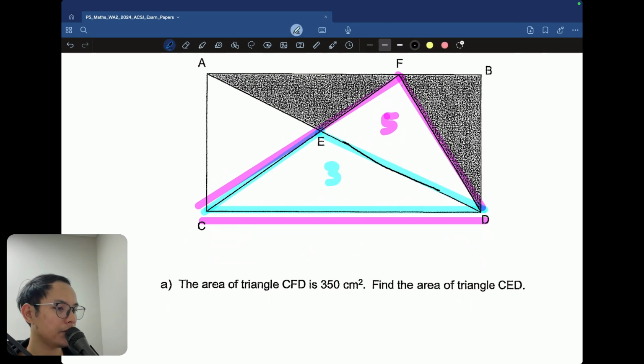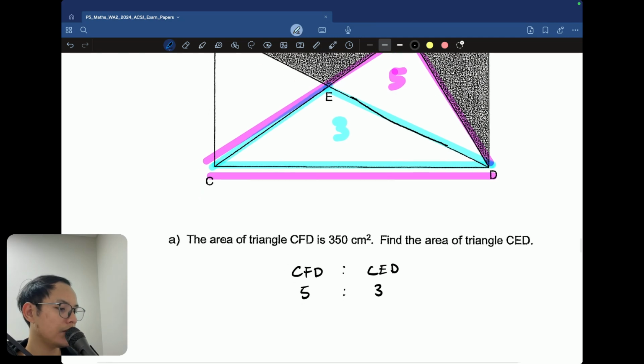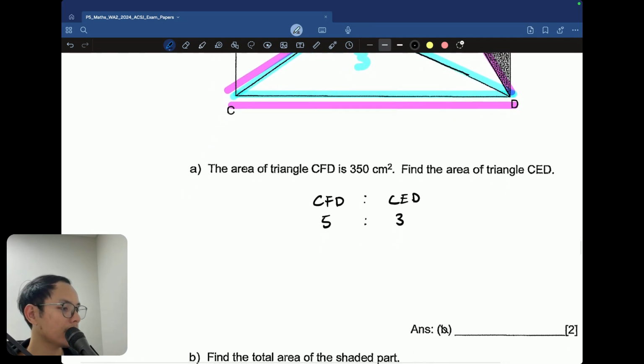Pretty straightforward. So CFD to CED: CFD is 5, CED is 3. So that means CFD is 5 units, which is equal to 350 centimeter square.